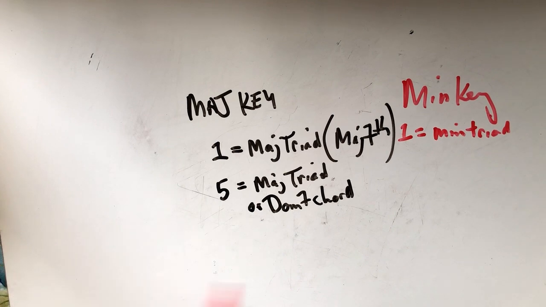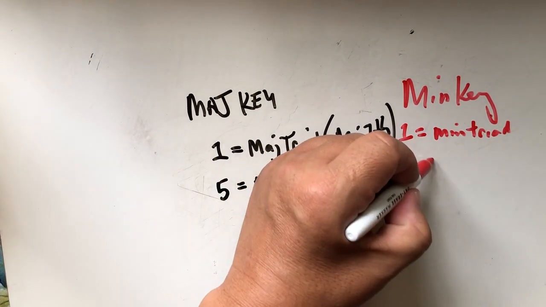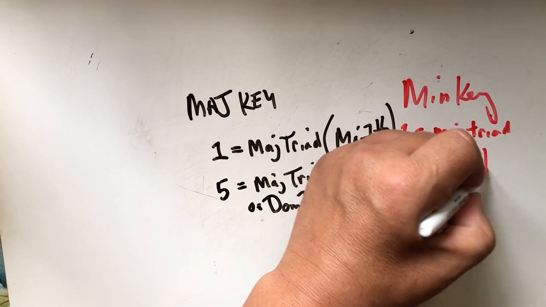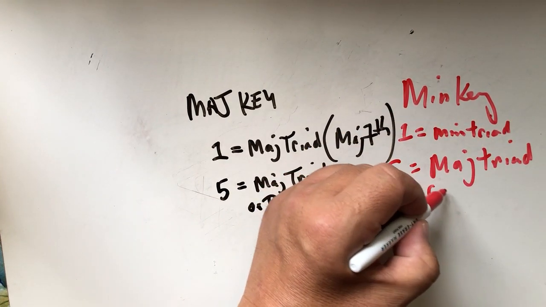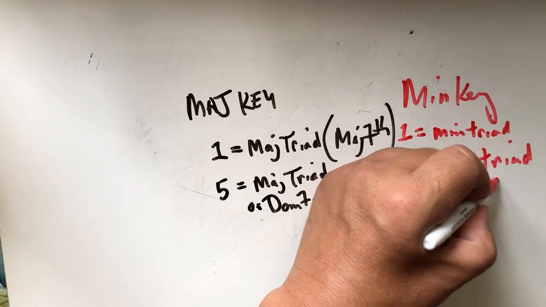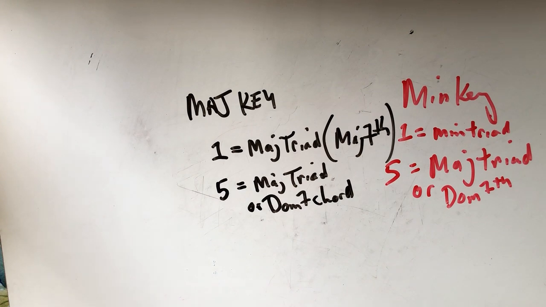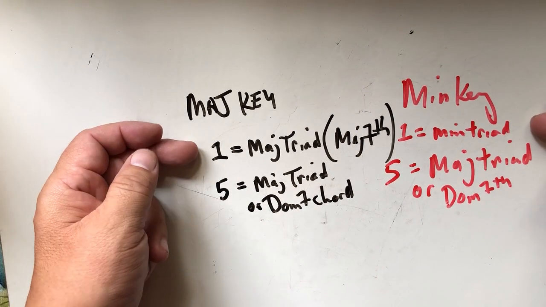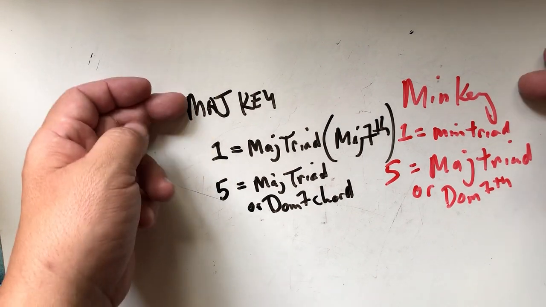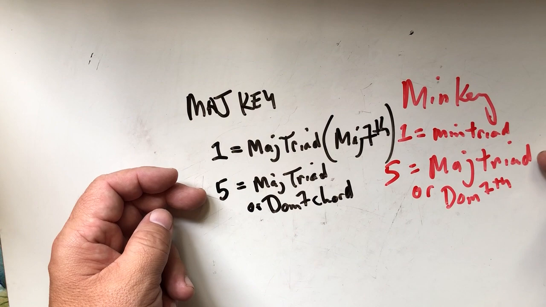But your 5 chord has been altered from the scale and will also still be a major triad or a dominant 7th chord. And just get that in your head. We're going to apply it later, but if you get that to begin with, my 1 chord, major or minor, depending on which key I'm in, but the 5 chord that works with it is always going to be major and always going to be a dominant.